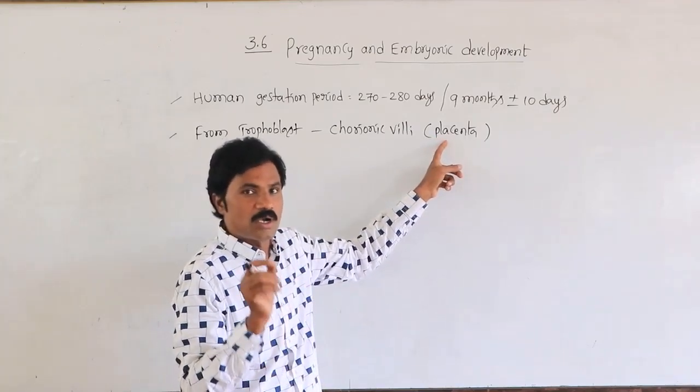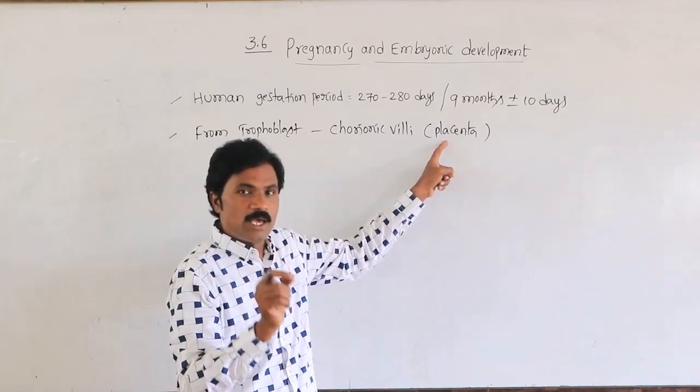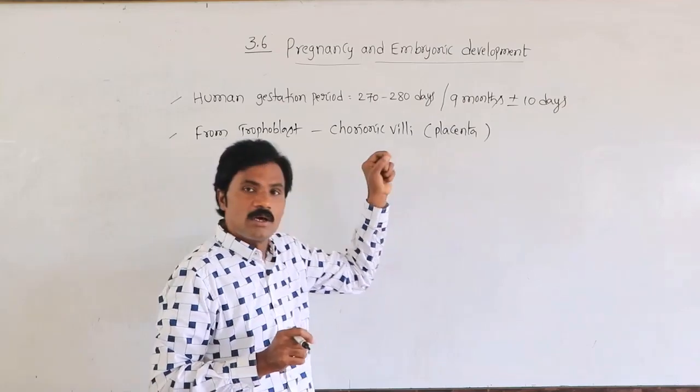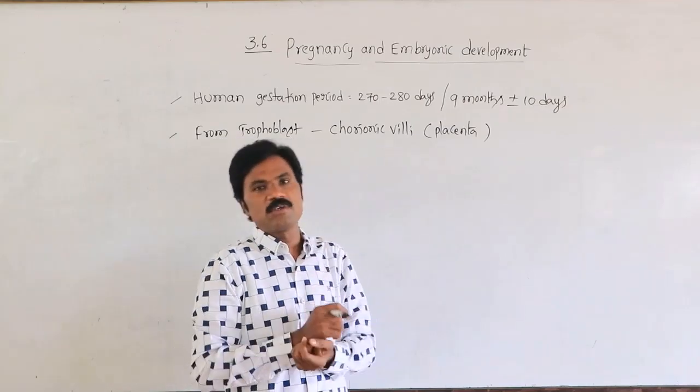That is also an important exam point. What type of placenta is formed in human beings? Chorionic placenta.